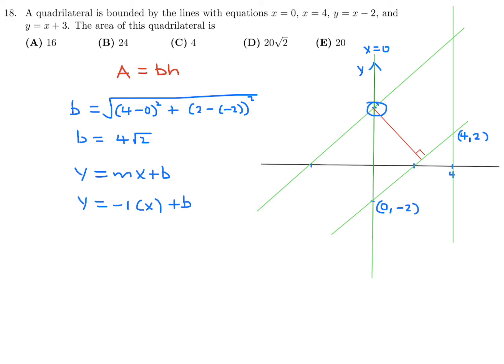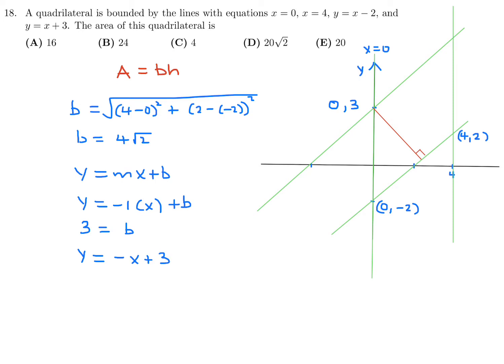So let's just substitute that point, which would be, what's that point? 0 and 3, because that's on this line right here. So when x is 0, we have b. So b is 3. Okay, so that equation is y is equal to minus x plus 3.